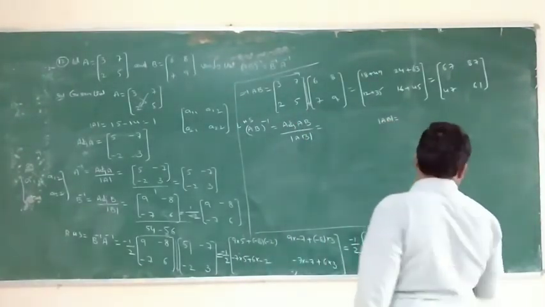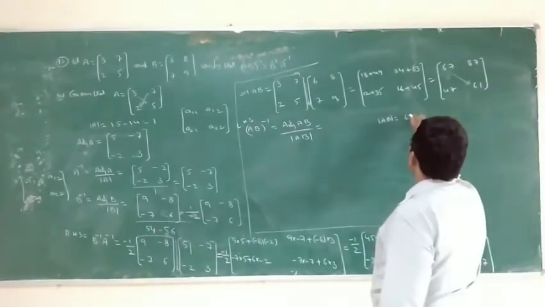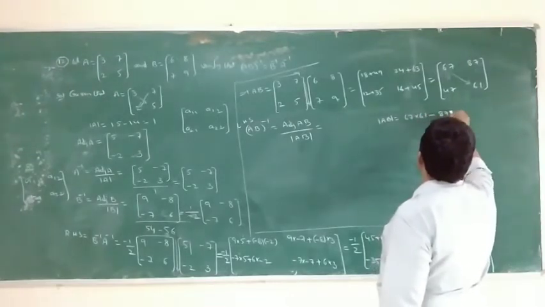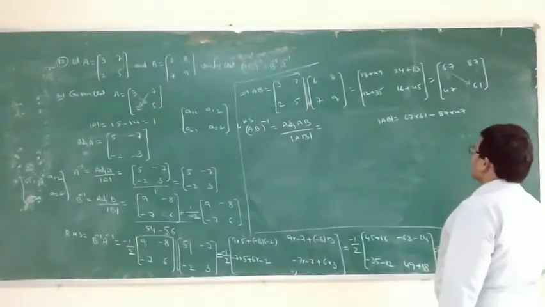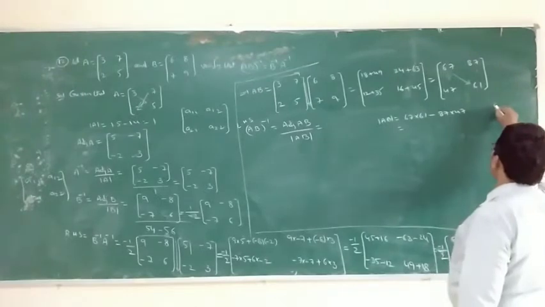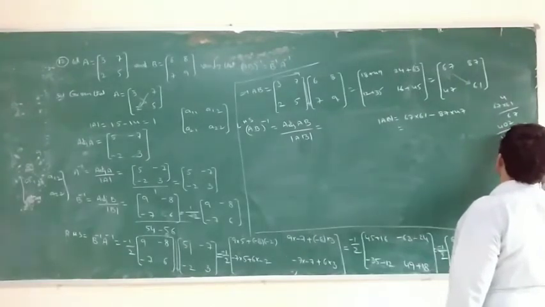Determinant of AB is equal to, this is cross multiplication, 67 into 61 minus 87 into 47. So multiply 67 into 61. 67 into 61 is equal to 4087.